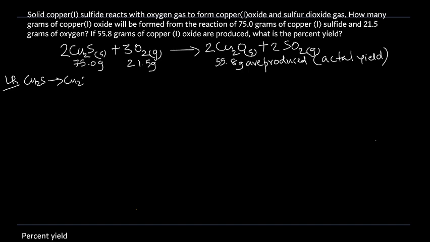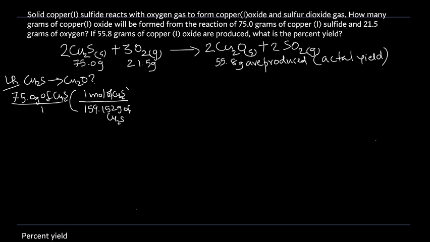For that one, I will start with what is given. So I have 75 grams of Cu2S divided by 1, and I will convert that mass into moles. So we know in 1 mole of Cu2S we have 159.152 grams of Cu2S. So first I have to convert it into moles. And then I can convert those moles using the mole ratio in the equation.